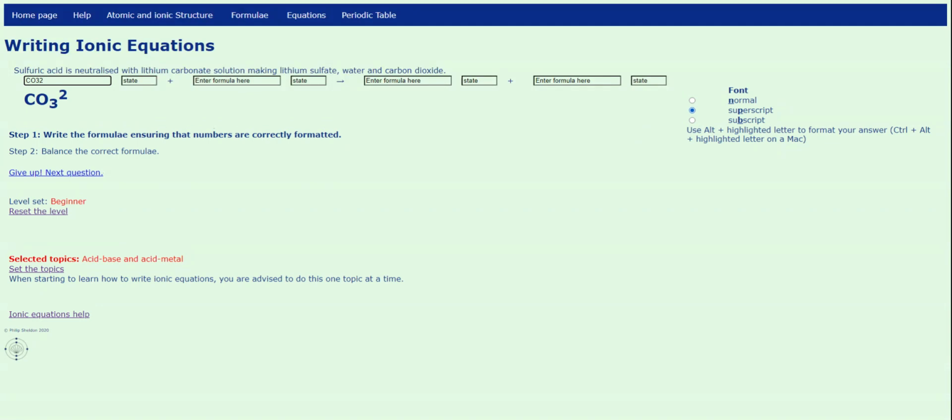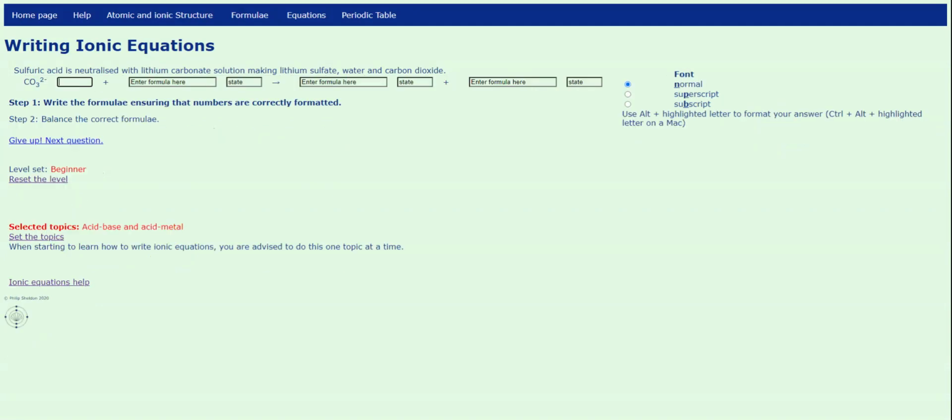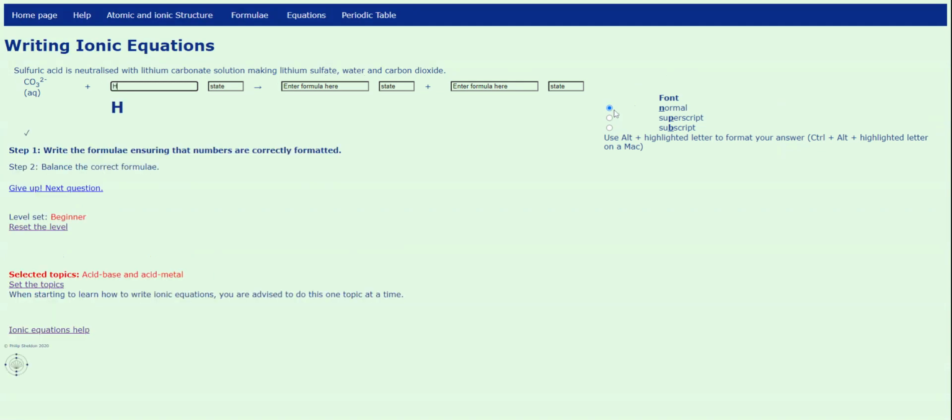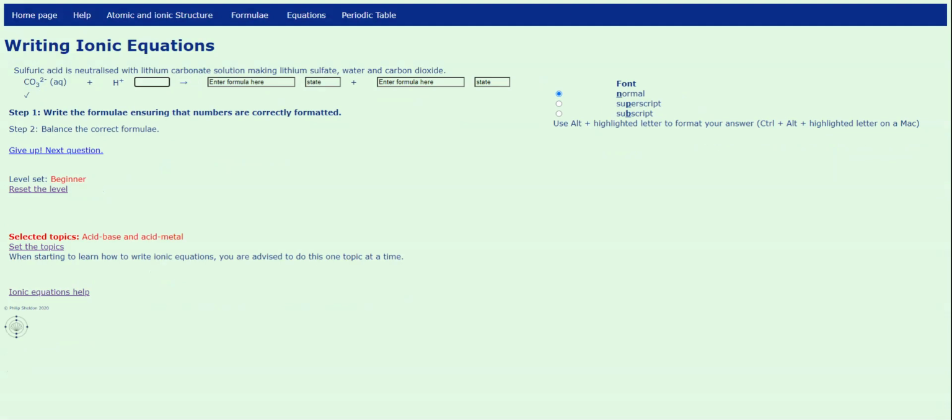And when this is correct, you should see it enter into the box. The box disappears. You need to put the state symbol in, aq. State symbols are required. Reacting with hydrogen ions, so H superscript plus, again that is aq. And it's going to make water and carbon dioxide.